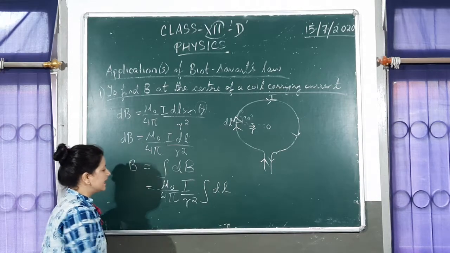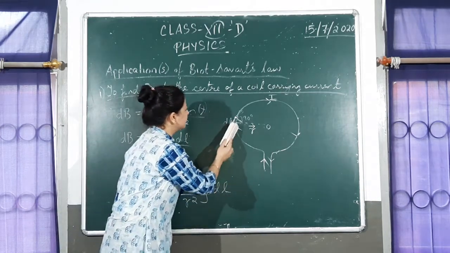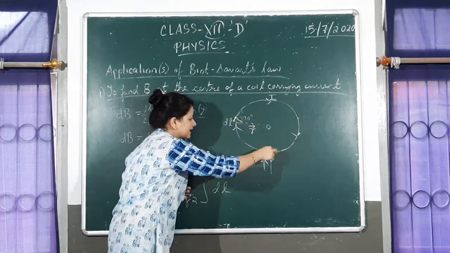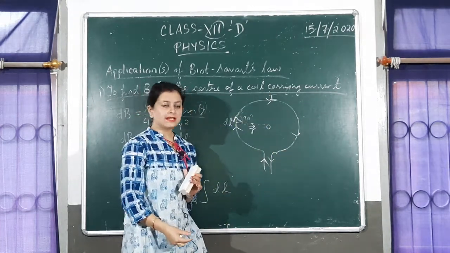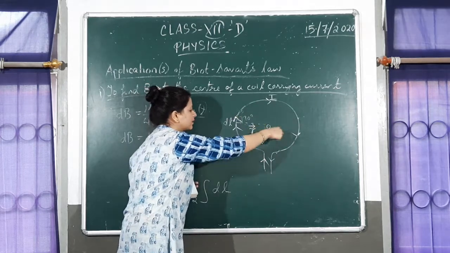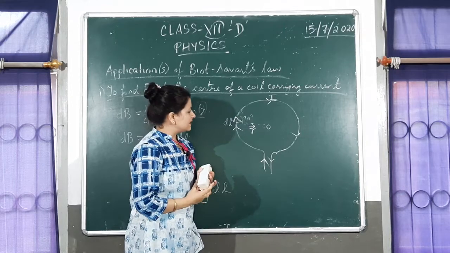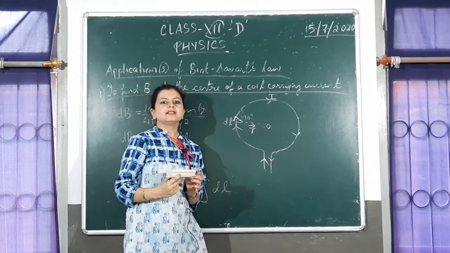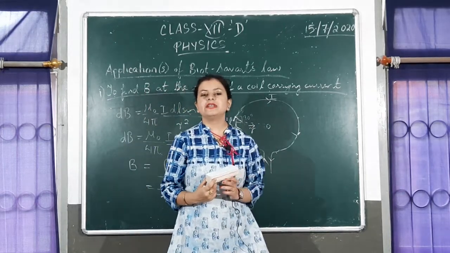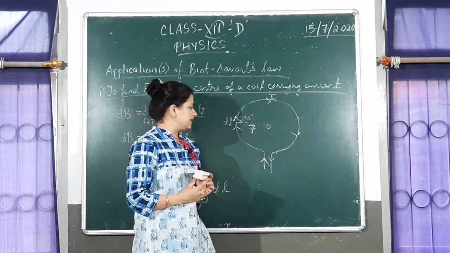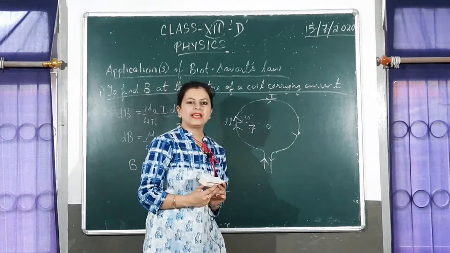Now dl means I am adding up this small length so many times. If I add up this dl infinite number of times, what will I get? I will get the entire length of this wire, which has been made into a circular loop, and the length of a circular loop is nothing but the circumference, whose formula is 2 pi r.